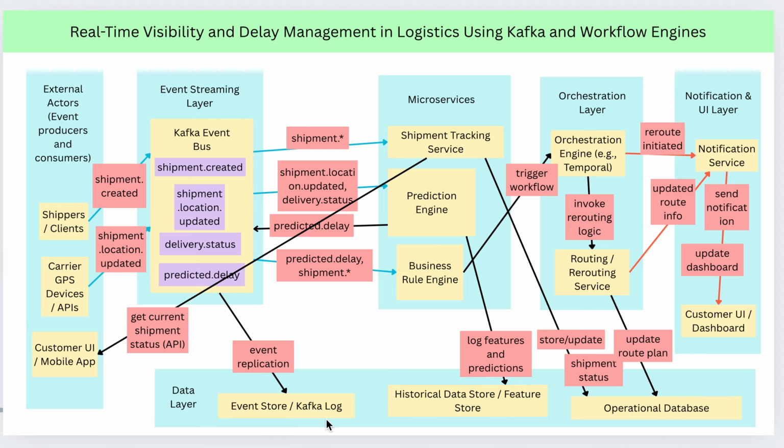Then we have the event store, the Kafka log, a long-term archive of all Kafka messages, useful for replays, audits, or time travel debugging. Then we have the historical data store or feature store. This feeds ML training and real-time feature generation used by the prediction engine to learn from past delays and outcomes.